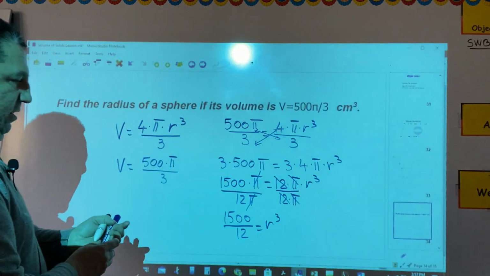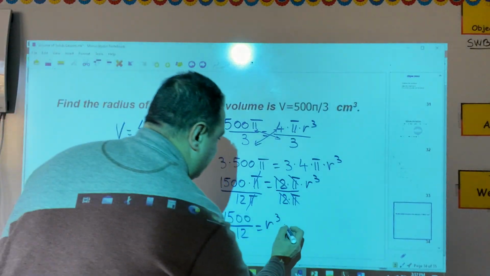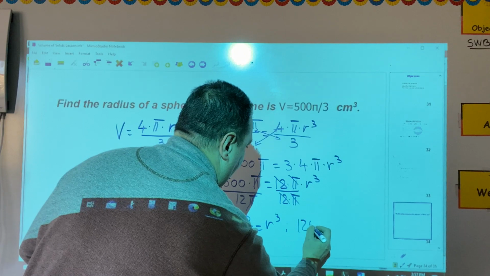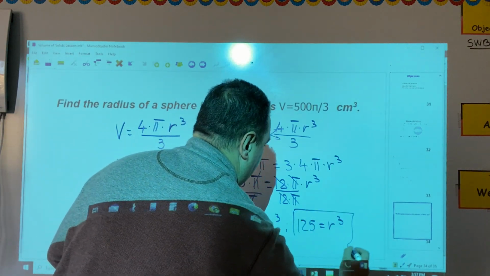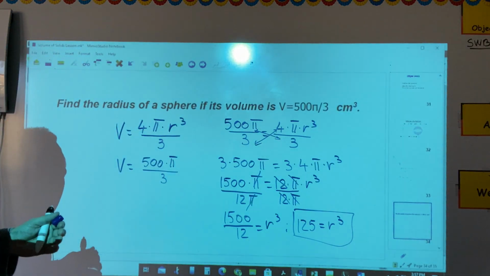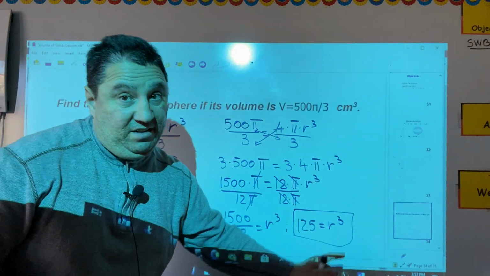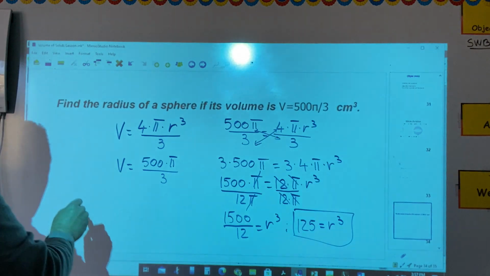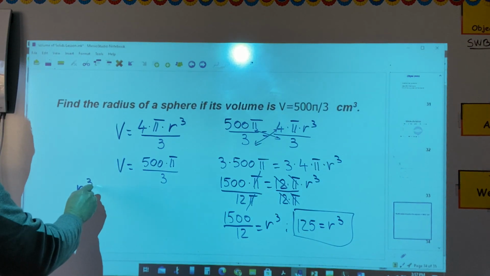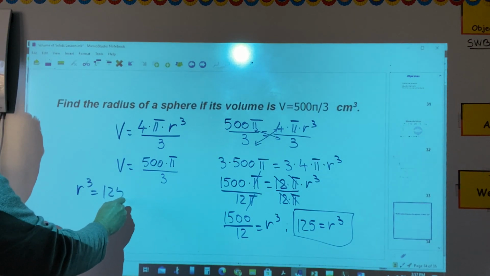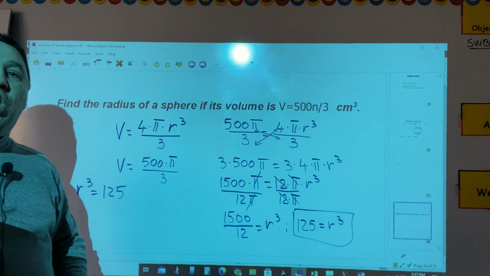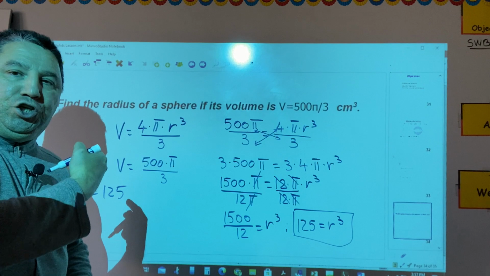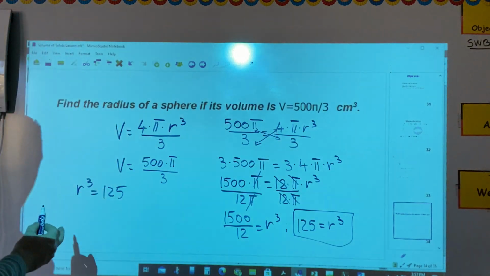So we can say 125 equals r cubed. Now, but we need r, not r cubed. When you have such an equation, r cubed equals 125, to get r, we take the cubic root of both sides.